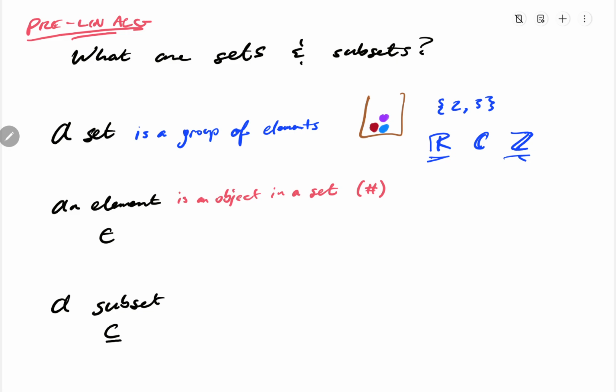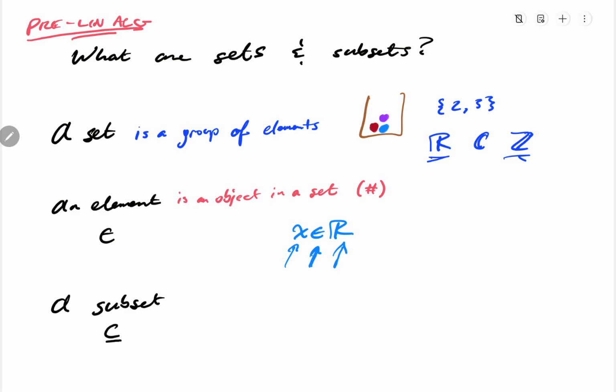All right, so a subset, actually before that, the symbol here under element means is an element of, so it's part of the set. So take an example from math class. Let's say you solve for something and then you write x is an element of the real numbers. So x will be a part of this set of all the real numbers.